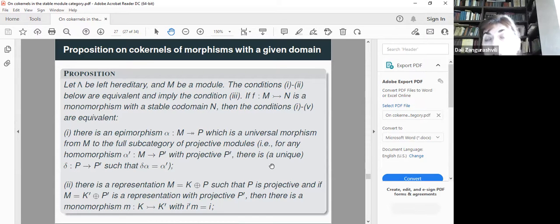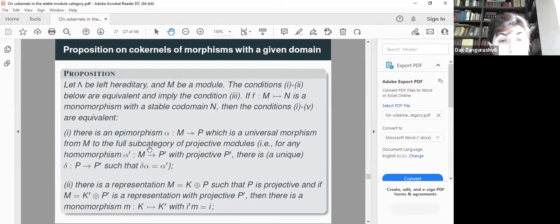It actually studies this question locally. In this situation, we study the problem of the existence of not all cokernels, but we fix some module and restrict our consideration to all morphisms with this domain and a stable codomain. And in this case, we have the following equivalences. The statement asserts that the following conditions are equivalent.